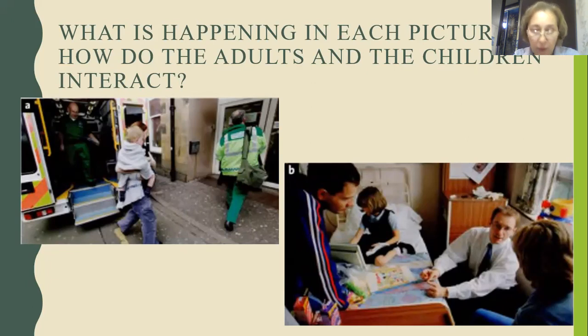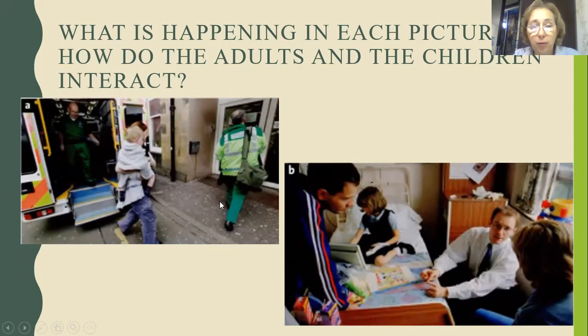She's feeling safe and comfortable. And so the parents also feel comfortable. In the first picture, the situation is unusual for a child, but anyway, the child feels safe because this is a boy, I think, together with his mother, right? But the mother maybe is worried about his condition.